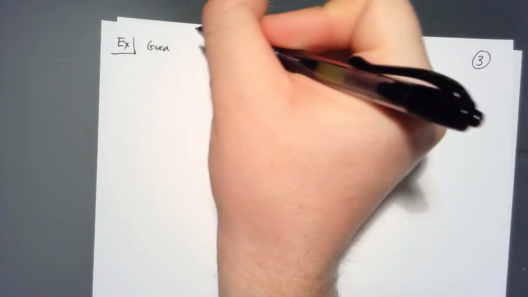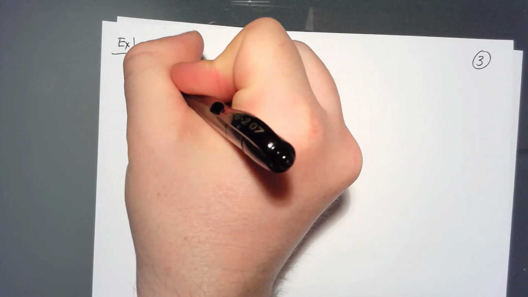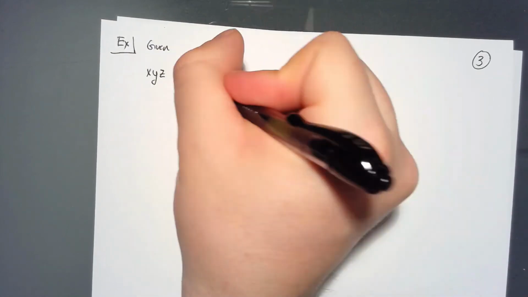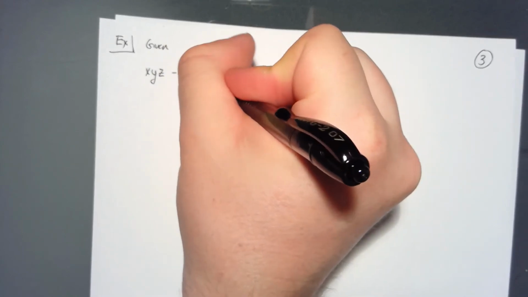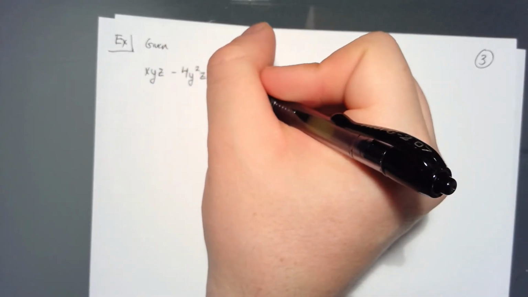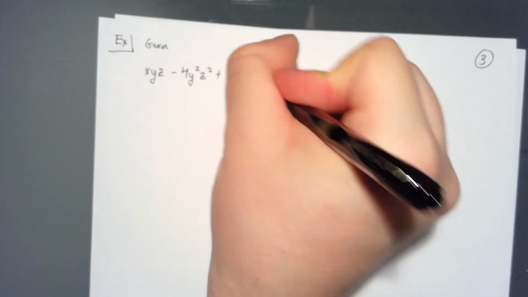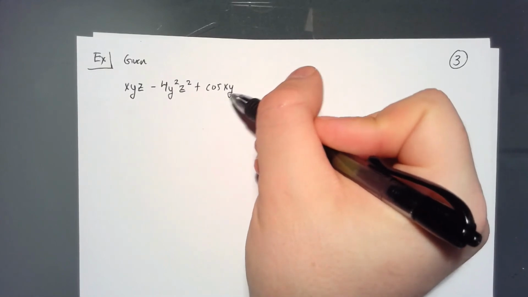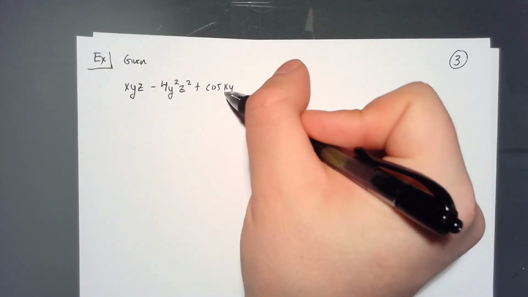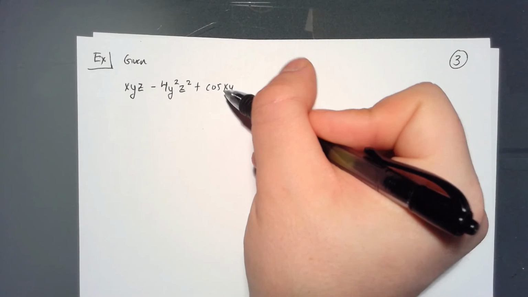So given the function x times y times z minus 4y squared z squared plus cosine of xy. Now this is cosine of xy. It's not cosine x times y. X and y are being put into cosine.